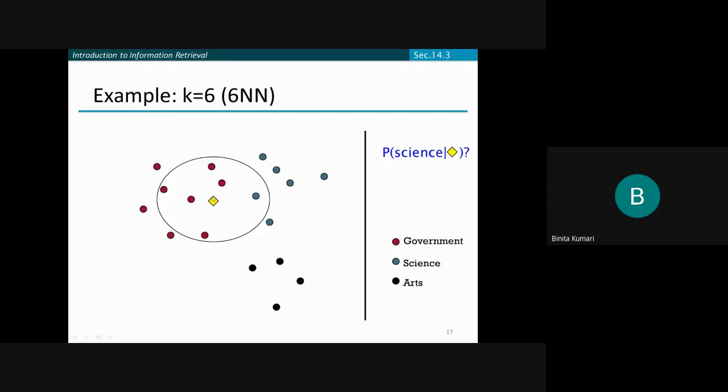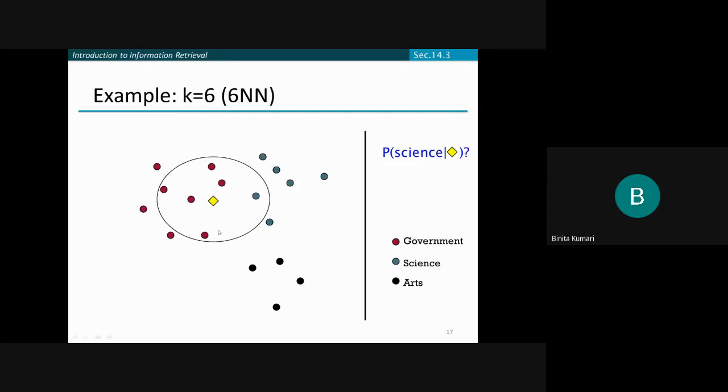We represent that document in the vector space model, and since k is equal to 6, 6 nearest neighbors have been taken into consideration. You can count here 1, 2, 3, 4, 5 and 6. 6 nearest documents have been taken, and then we calculate the distance.